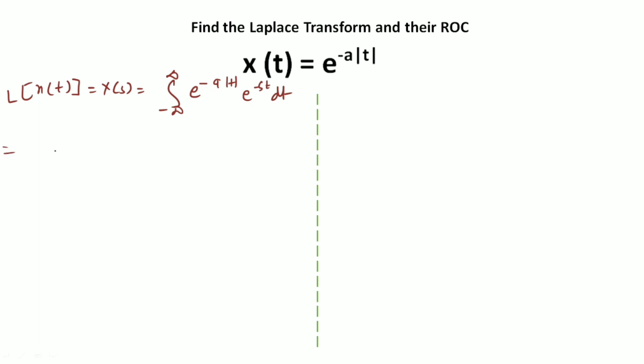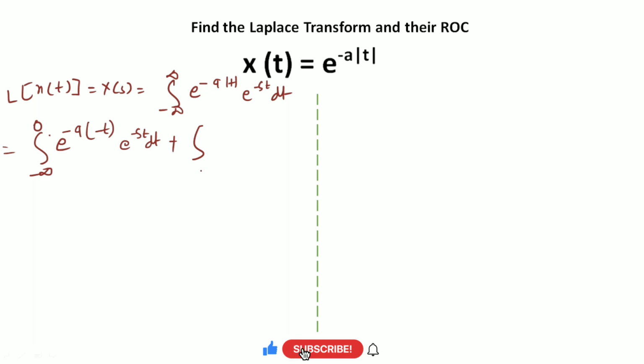When we expand this, from minus infinity to 0 we have e to the power minus a times minus t, e to the power minus st dt, plus from 0 to infinity e to the power minus a t, as t will be positive, e to the power minus st dt.